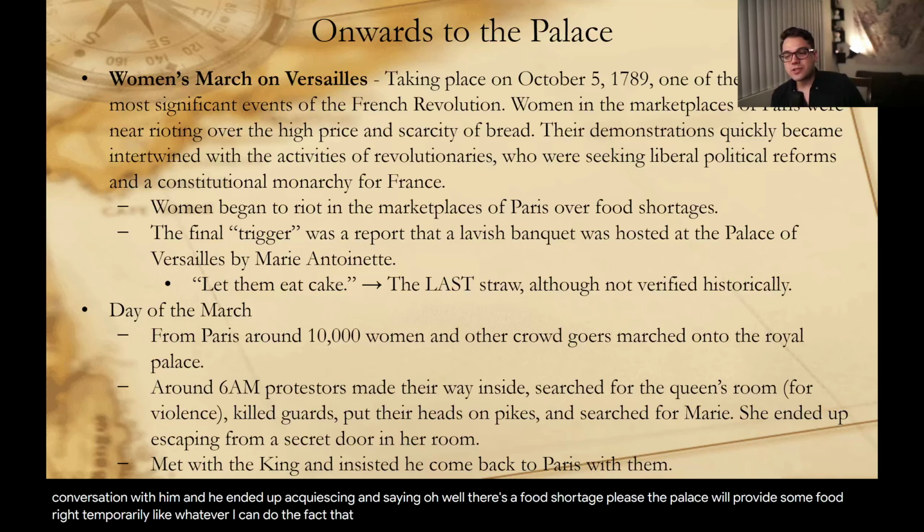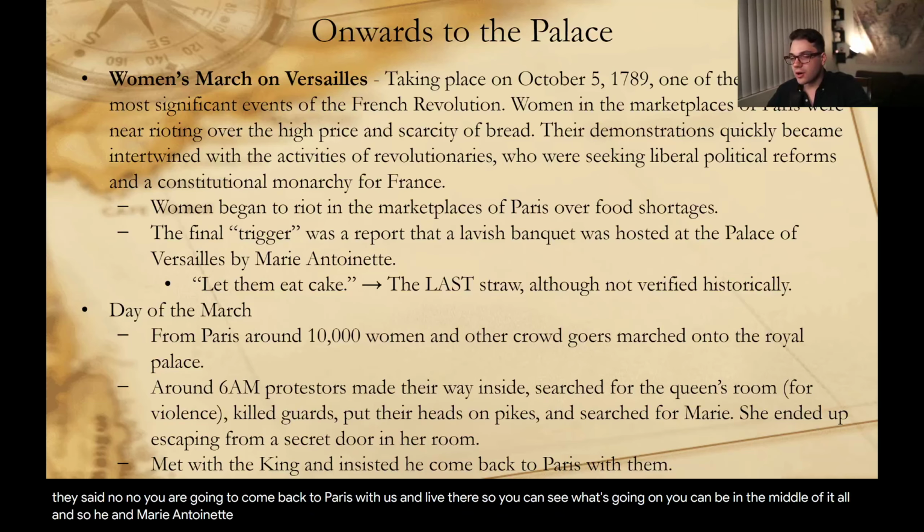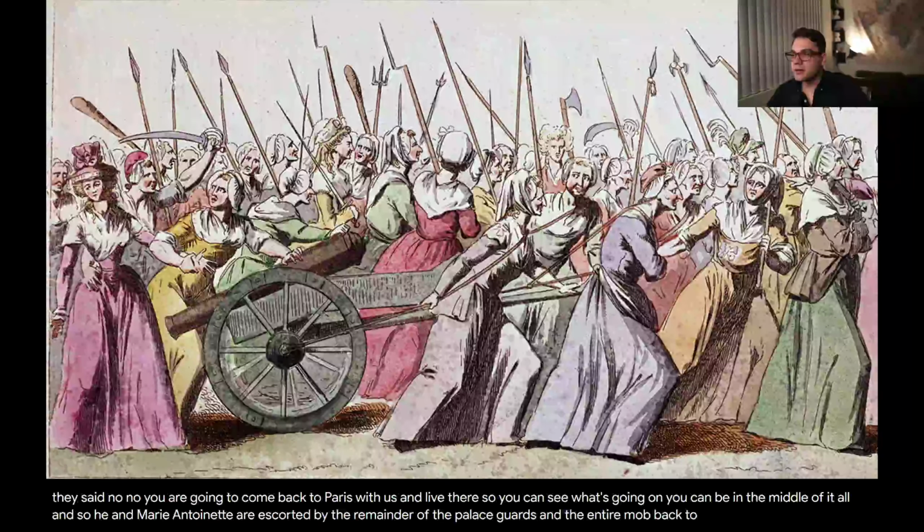The fact that he was just so inept and did not really fully grasp and understand what was going on, they said, no, you are going to come back to Paris with us and live there so you can see what's going on. You can be in the middle of it all. And so he and Marie Antoinette are escorted by the remainder of the palace guards and the entire mob back to Paris.